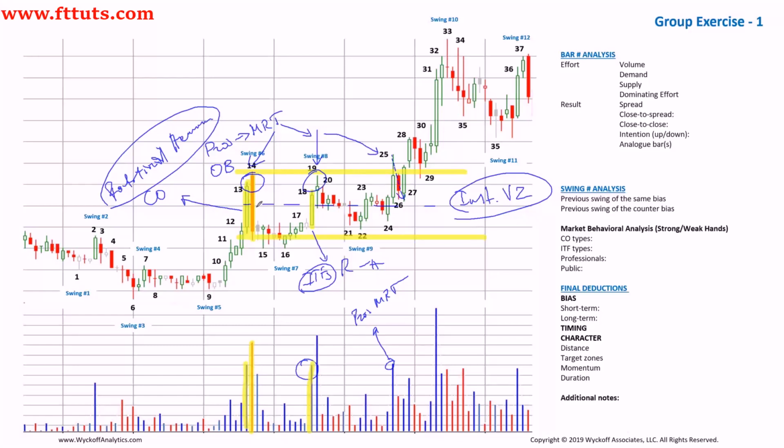And look at how the first time the mean reversion trade produced the largest reaction, then a smaller reaction, and then an even smaller reaction. And that's on the background of somewhat diminishing effort, and the result is diminishing.